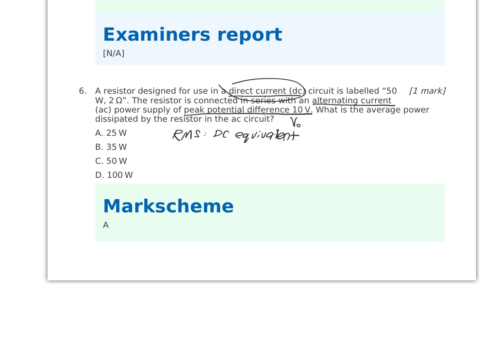So if we find the RMS value, that's going to be like the DC equivalent. So if VRMS is V naught over radical 2, so 10 over radical 2 winds up being like 7.07 volts.